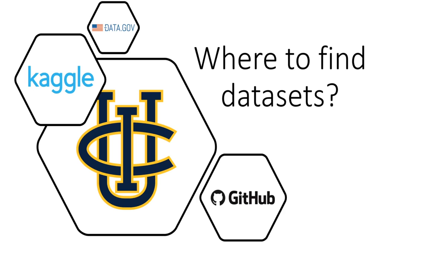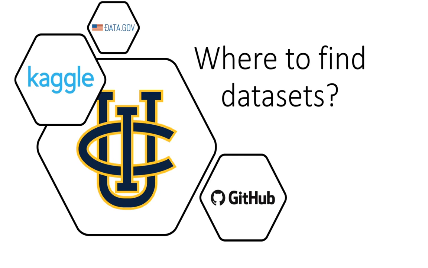Now, Kaggle and GitHub, also 2 great resources to pull from. Kaggle runs a bunch of competitions owned by Google, and you can follow along with people as they work on data sets, and it's a great place to work with others and to see how other people are doing data analysis or machine learning. And you can pull down data sets from there.